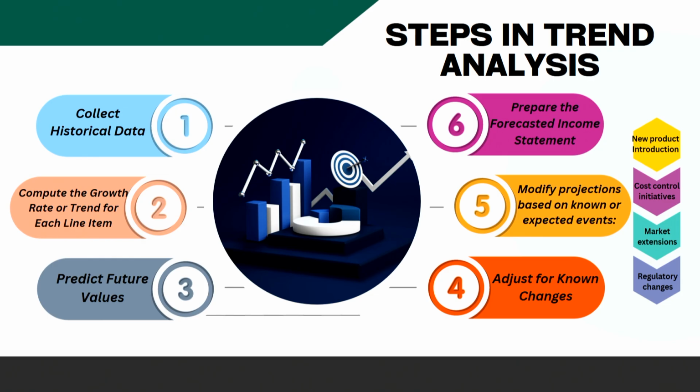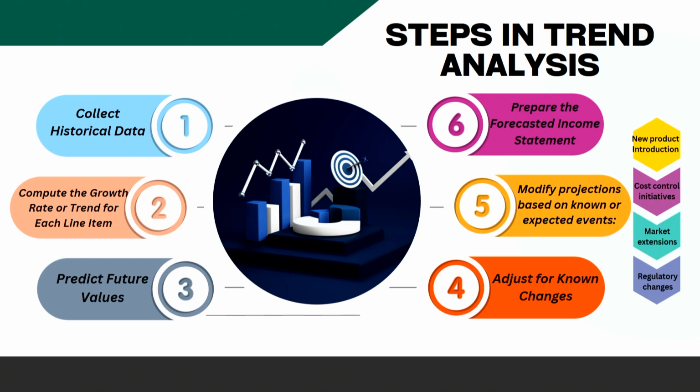Then the next step is to adjust for known changes. After predicting the same, there may be some additional information given or extracted from the body corporate so far as their future conditions or situations are concerned.